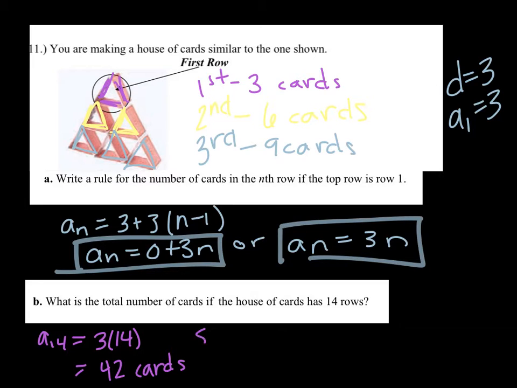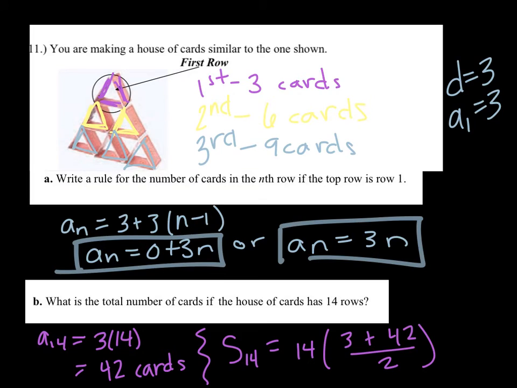So now that we have that, we can find the sum of all 14 rows, which would make up the entire house. So S sub 14 equals your term number, so 14 rows, times your first term, still 3 cards in that top row, plus the last row, in this case 42 cards, divided by 2.